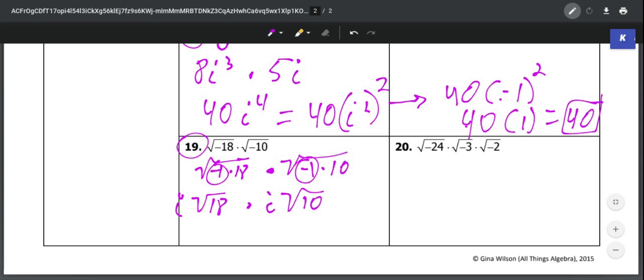Now when you multiply radicals, you just keep your radical sign and multiply whatever is on the inside of the radical. So if I were to take i times i, that's going to give me i squared. Then the radical of 18 times 10, which would be 180.